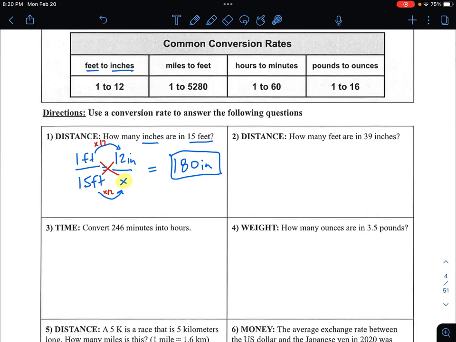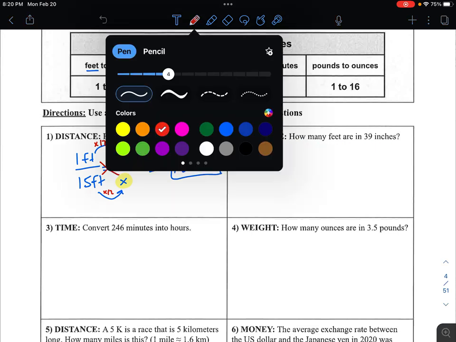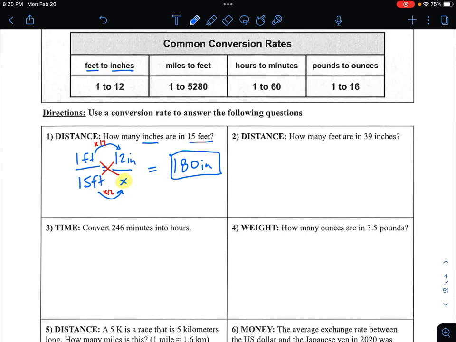So let's go ahead and do number 2. This is also a distance one. How many feet are in 39 inches? Well, the conversion rate is 1 foot equals 12 inches, right? So let's set up a proportion.